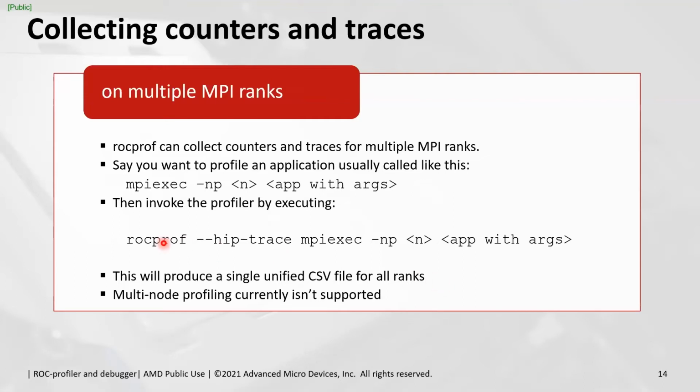If you change the location of rocprof, for example, you have mpirun before and rocprof after mpirun, it's going to produce different output CSV files for each MPI rank. And if you're working on a large system and a large problem, that can be hectic.